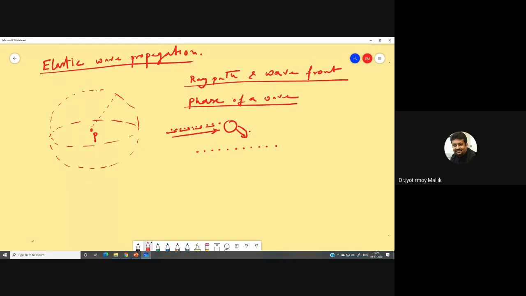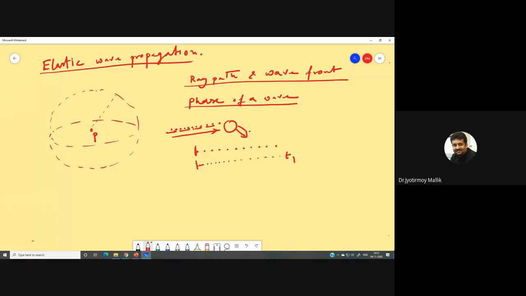Now, as soon as I create a disturbance, maybe at this point, some particles will come close to each other, and the rest is equidistant. So this is initially when I did that disturbance. This is time 1.